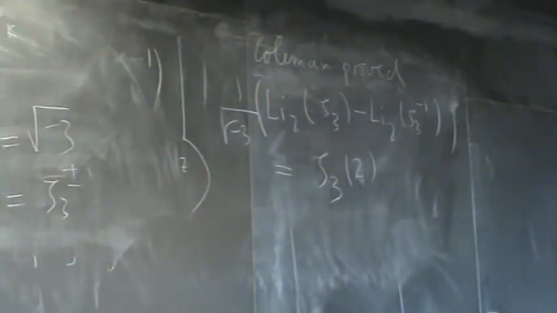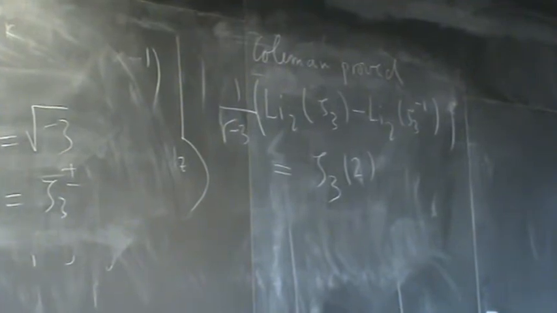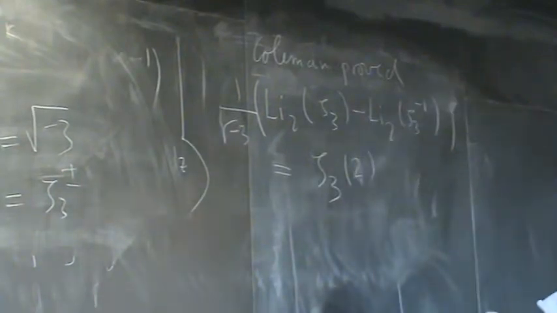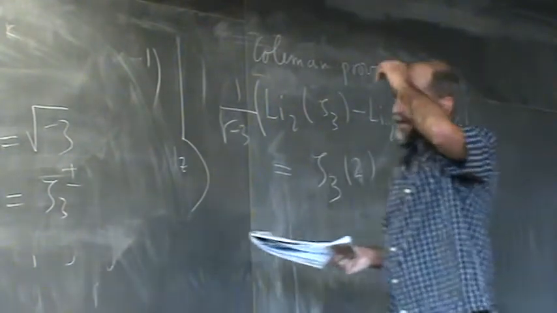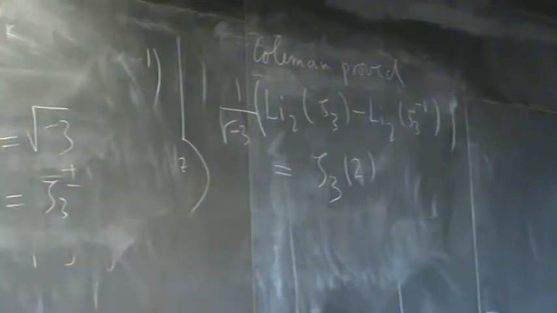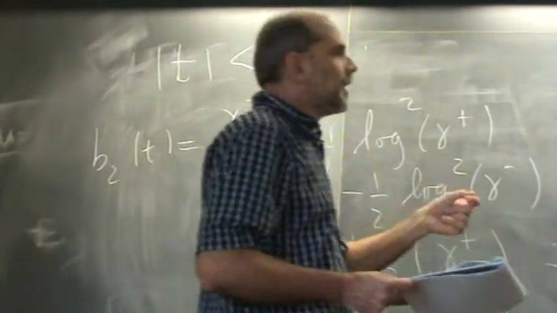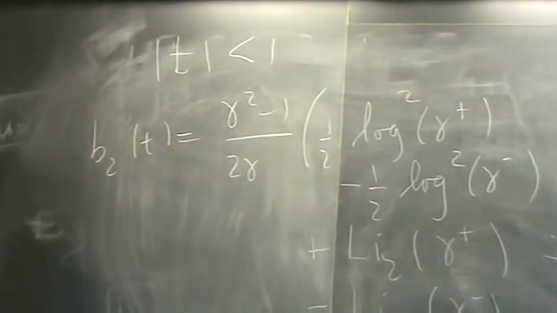Because it's a p-adic version of an identity between special values of L-functions and dilogarithms in this case. So once we make that leap of faith that this identity should hold p-adically, then this is what we expect.